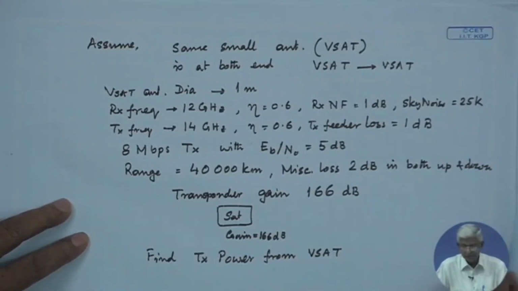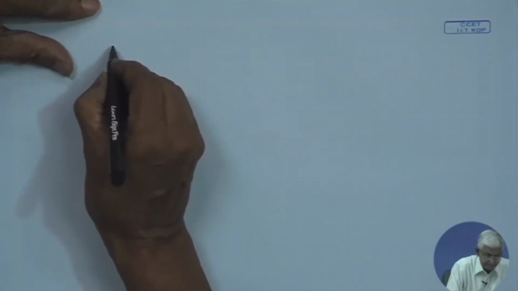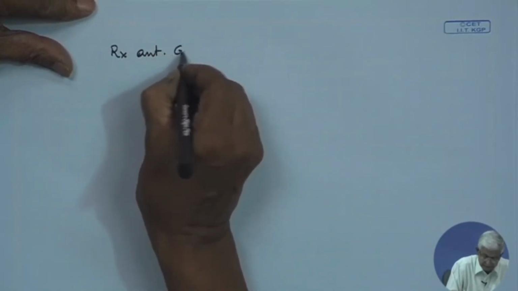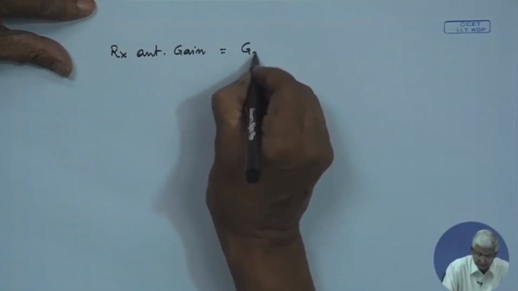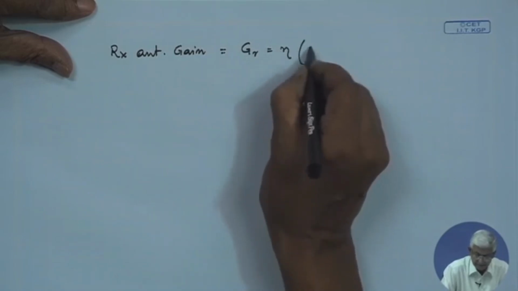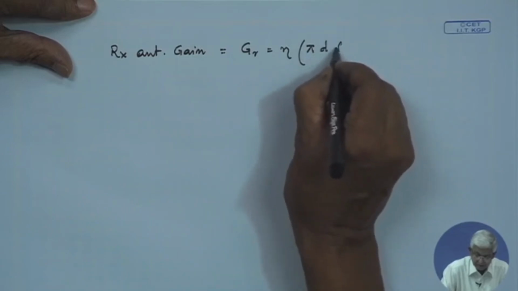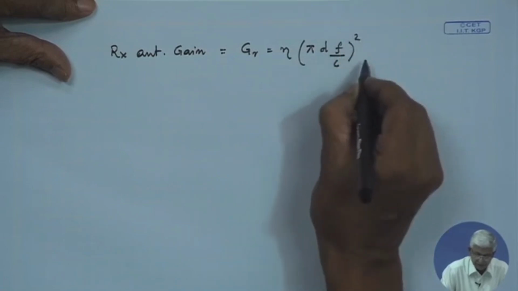Okay. Let us do this calculation slowly. Now, let us say receive antenna gain, you have to calculate G by T. So, for that the receive antenna gain, we will call GR, is efficiency times pi D by lambda whole square, where lambda is written as c by f.